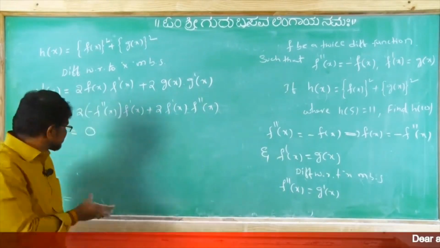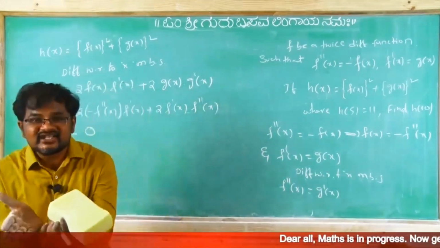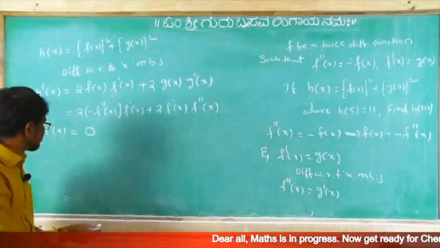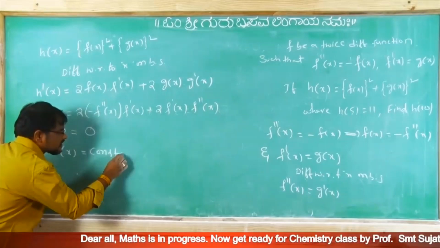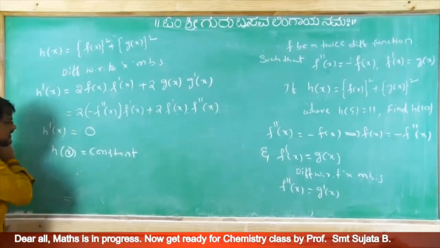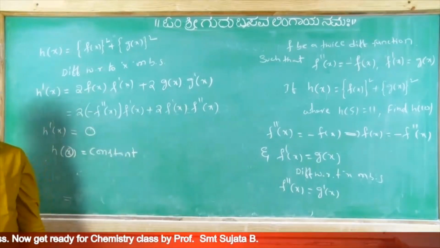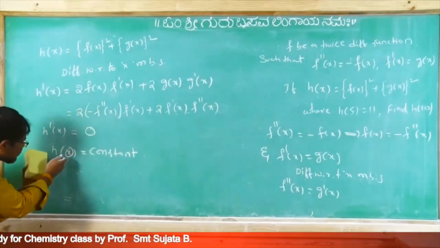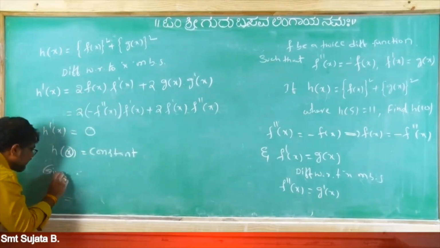When the derivative of a function is 0, when is that? When that function is constant. Right. So h of x is equal to constant, for any value of x, not only for 1 or 2 values. Now, what is given?